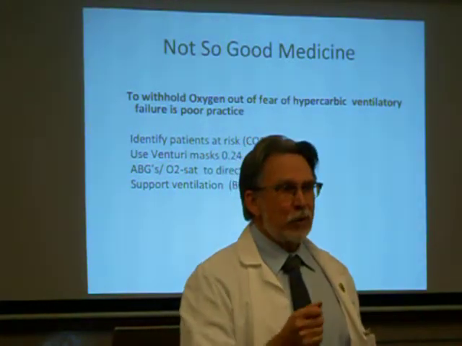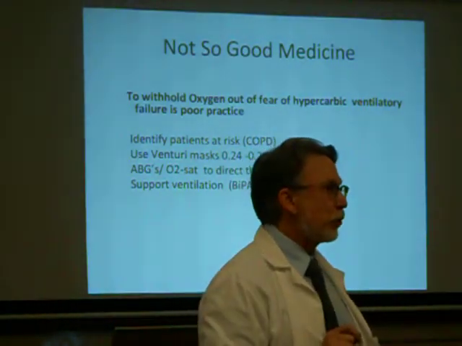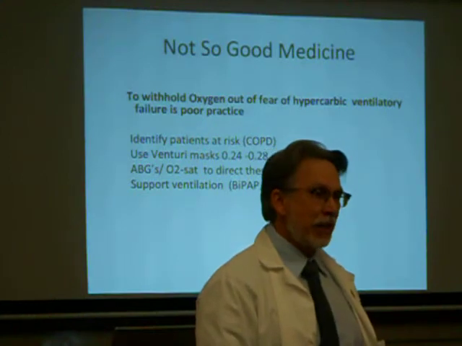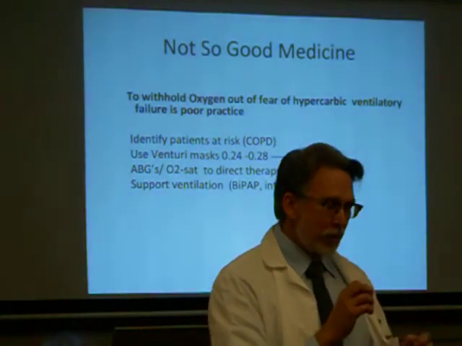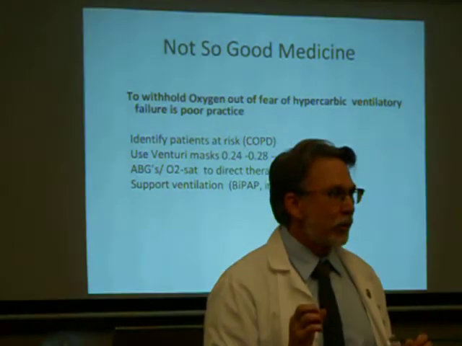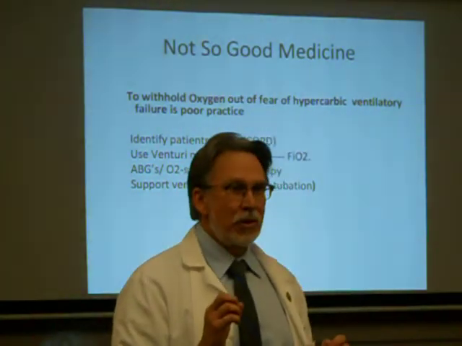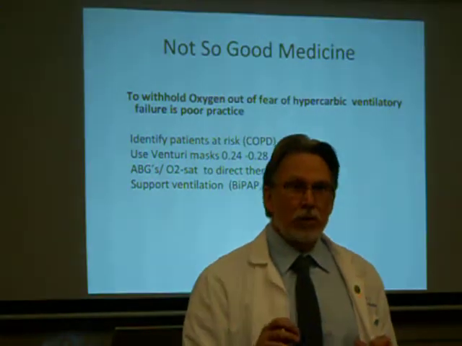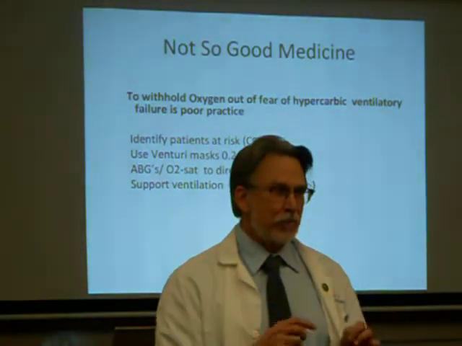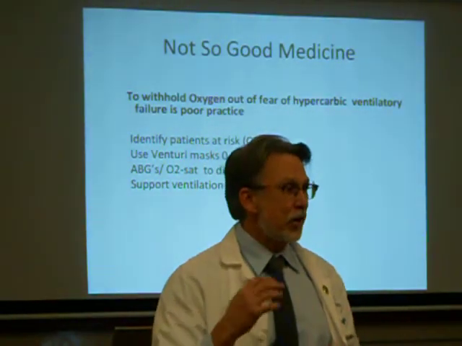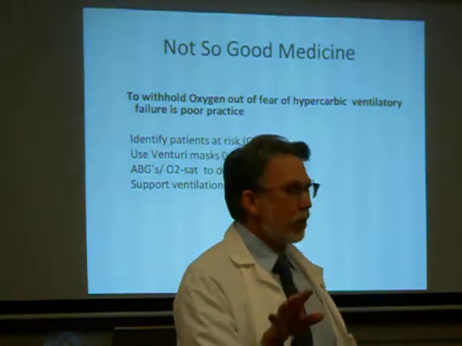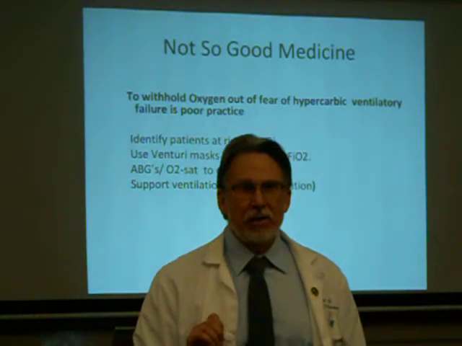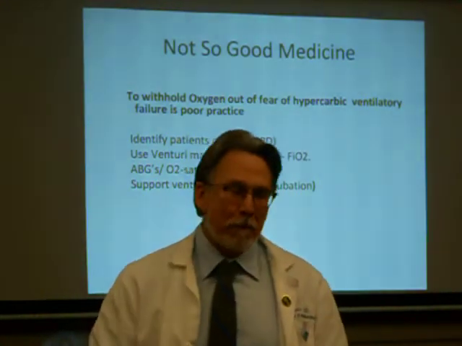So the higher the flow rate, the more air you entrain from the room, and the lower the FiO2. So if you notice the different holes, the smallest diameters will actually give you the lowest concentration of oxygen, and the bigger diameters will give you the higher concentrations of oxygen. So that's a good way to titrate oxygen for your patient with COPD.